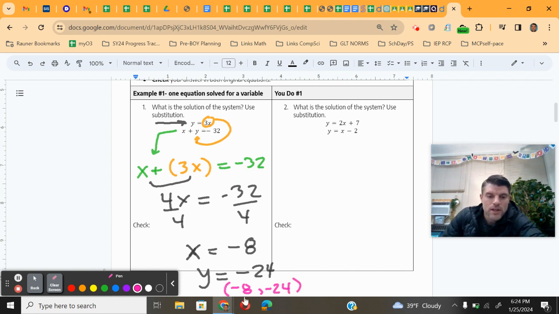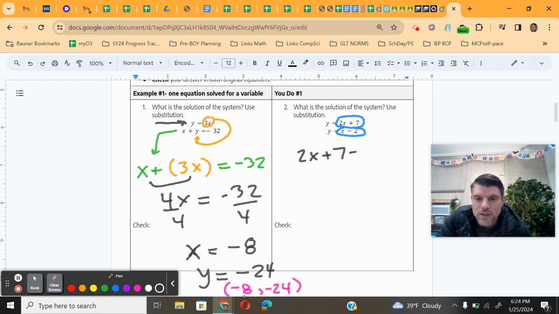So in this next example, I want you to circle if there's a variable isolated. Now, in this case, there's two variables, well, the same variable, but they're both isolated. There's two equations with y isolated. So we're going to set this equal to each other. 2x plus 7 equals x minus 2. I'm going to solve for x. So all I have to do is subtract 7 on both sides.